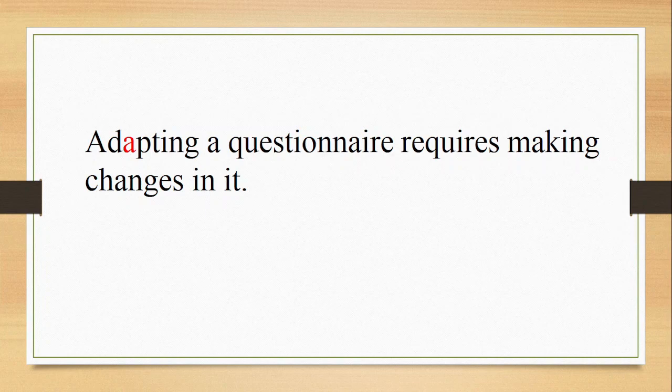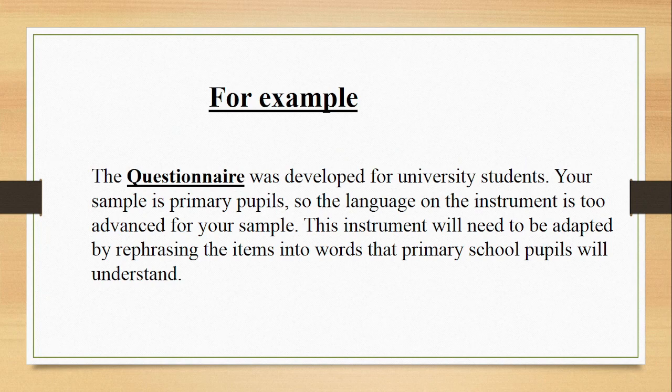Whenever you are going to make changes in the already given questionnaire, then it will be termed as an adapting questionnaire. For example, the questionnaire was developed for the university students, and you are going to use that questionnaire for your primary students.